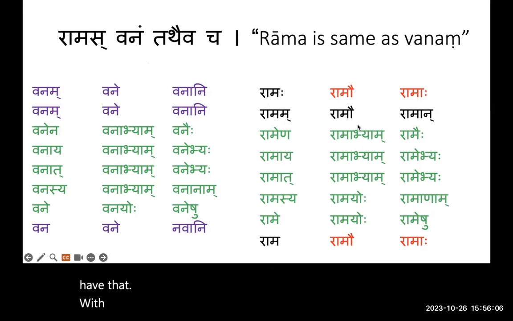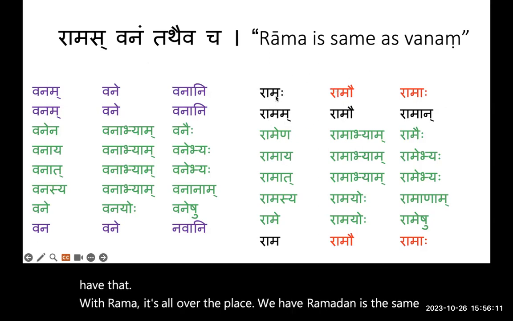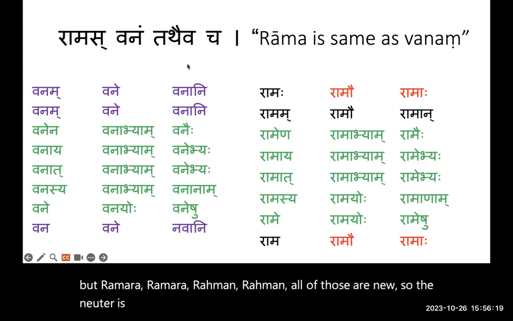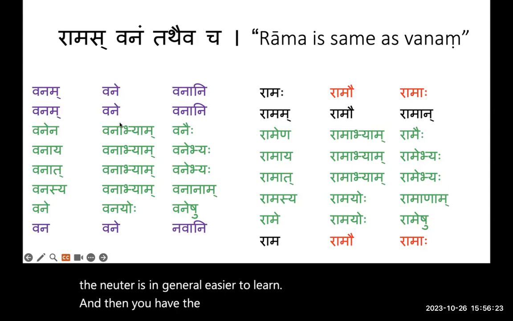With Rama, it's all over the place. We have Ramau is the same, but Ramah, Raman, all of those are new. So the neuter is, in general, easier to learn. And then you have this other fun thing with the neuter, that vanena, vanabhyam, vanaihi.